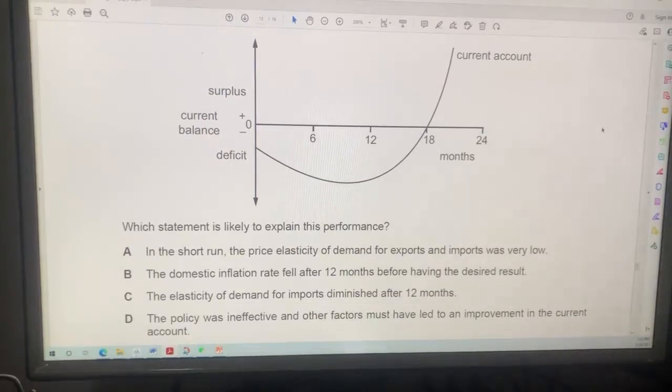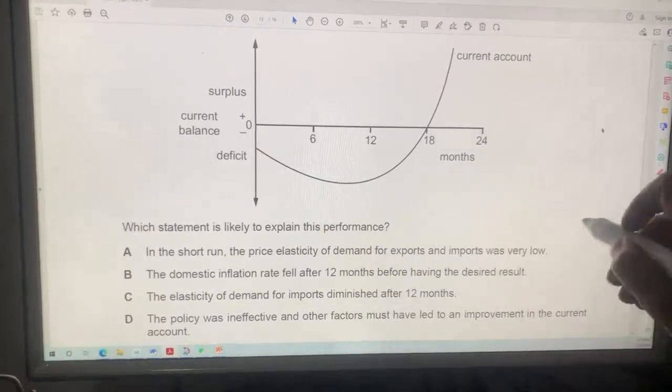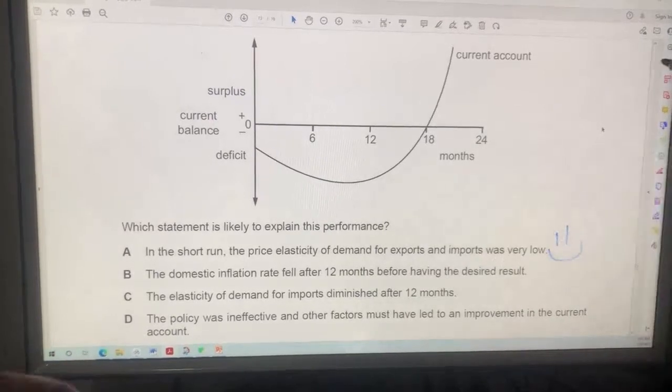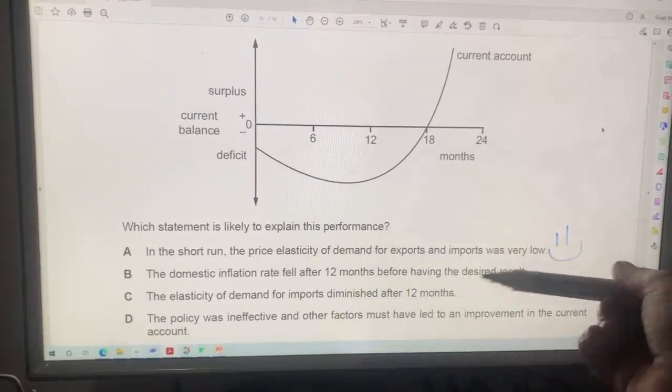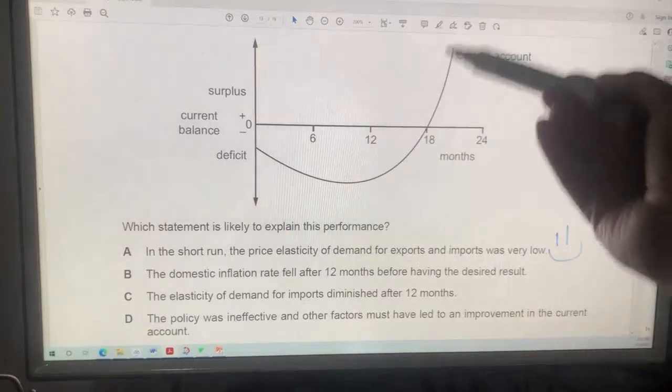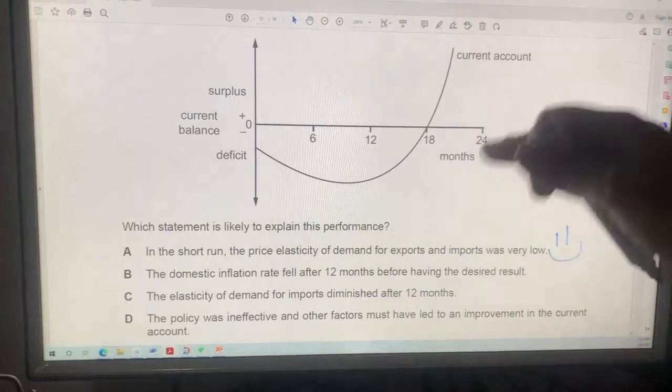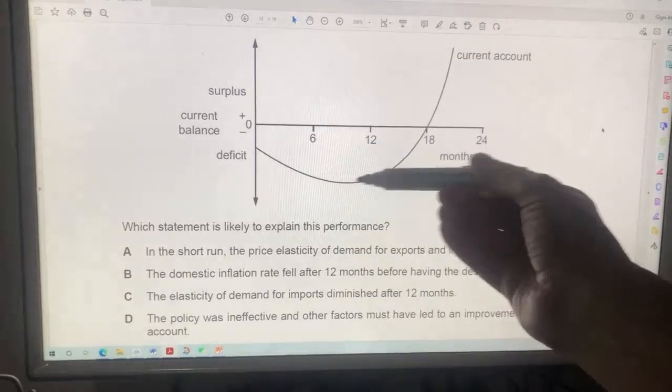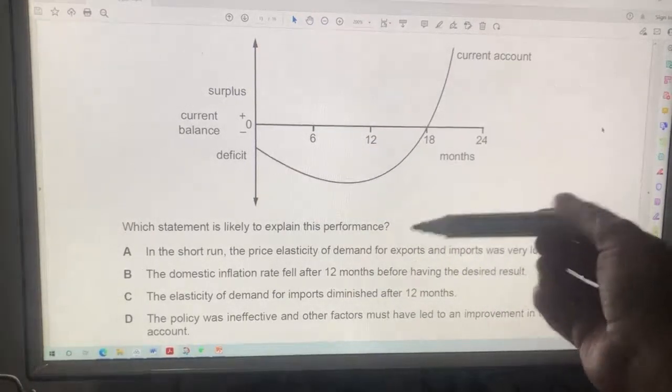A looks really good, right? A looks very good. That's half a statement of Marshall-Lerner. And this is what happens according to the Marshall-Lerner condition. If your elasticities are low, then first your deficit will increase.